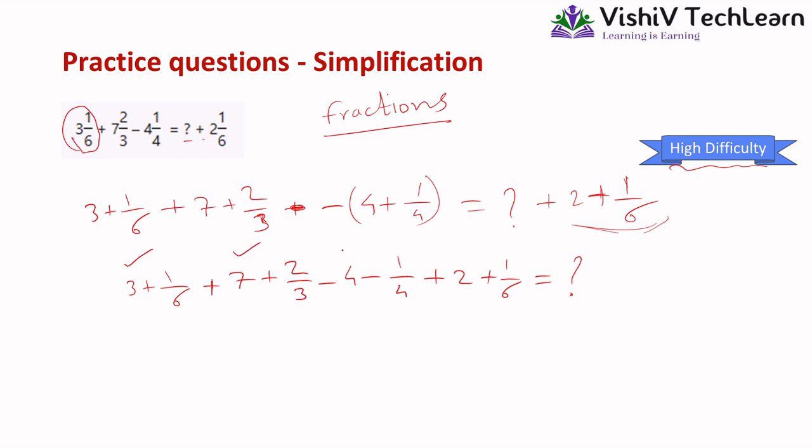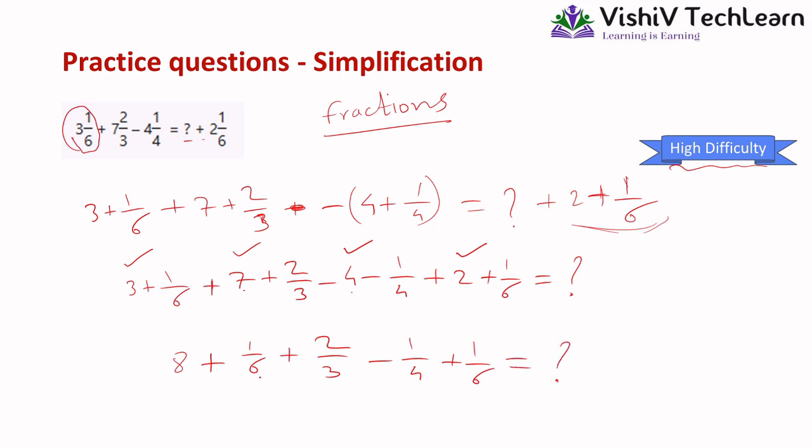Now let's bring the whole numbers at one place. So 3 plus 7 10, 10 minus 4 6, 6 plus 2 8. So we can have 8 plus something. Now this something is 1 by 6 plus 2 by 3 minus 1 by 4 plus 1 by 6.